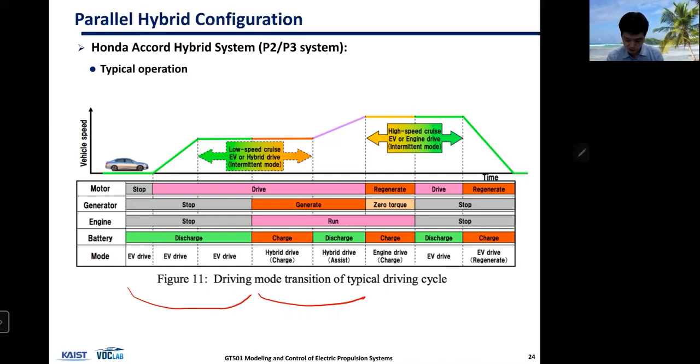And then when you're cruising at high speed, usually you can either operate in just pure EV mode, or you can drive in engine drive mode, okay? Yeah, and then there's regen.